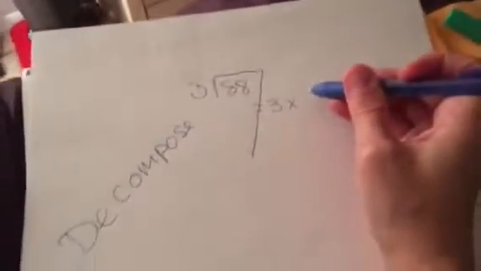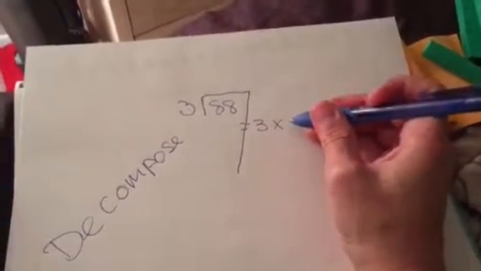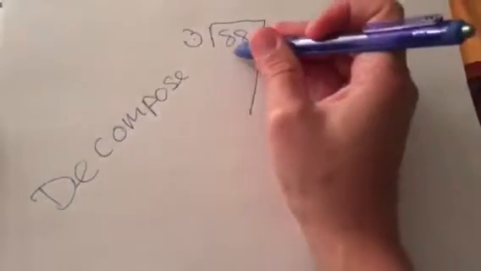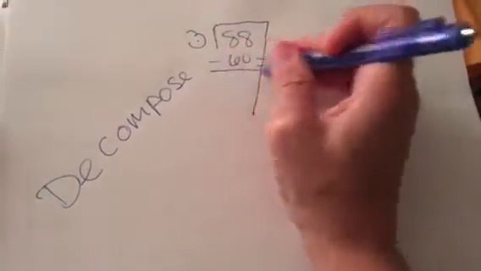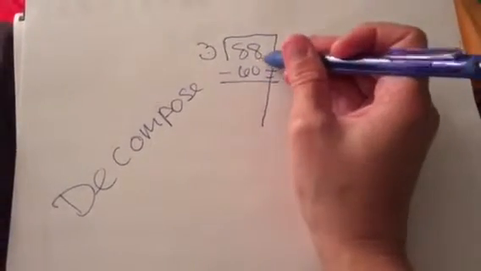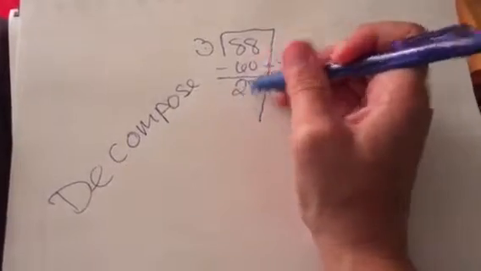I know that 3 times 20 gives me 60, right? So 3 times 20 gives me 60. So I'm going to subtract and take 60 out of 88. 8 minus 0, 8. 8 minus 6, 2.